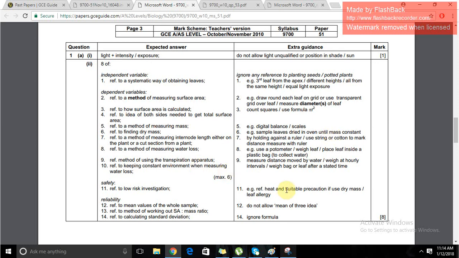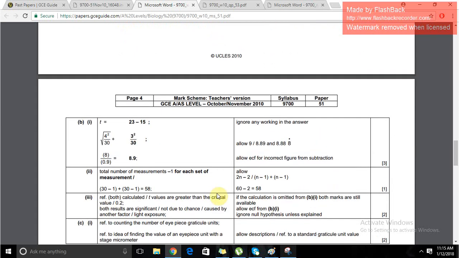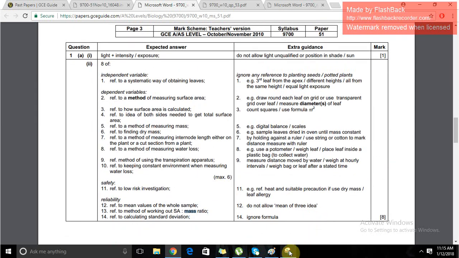Low risk investigations, heat and suitable precaution, leaf allergy. Mean values of the whole sample, working out the standard deviation. Surface area, mass ratio. Okay, ignore the formula. So we did fairly well.